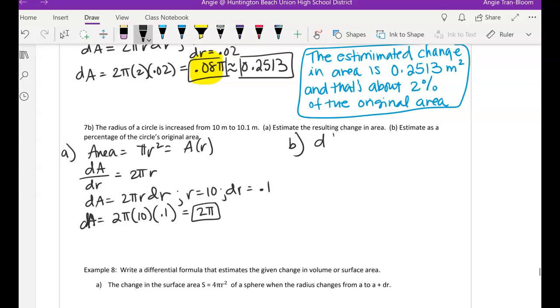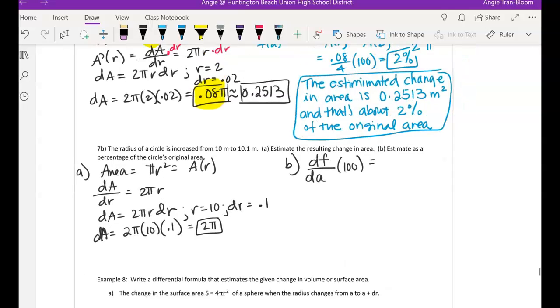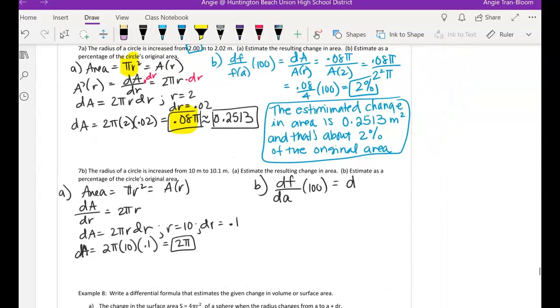So we are going to do dA over A based on your formula times 100. I don't have dA though, I do have A because that's the area, A of r. Okay. Well, dA, we already found it. It is right there. We can just plug it back in. So that's going to be 2 pi.